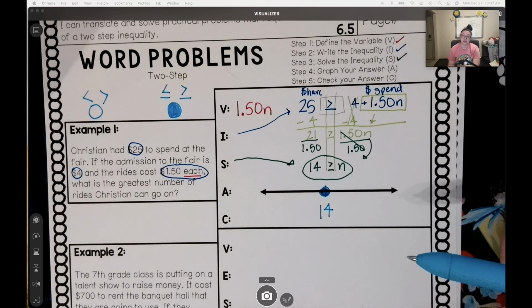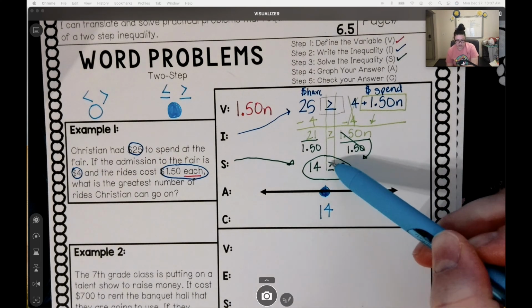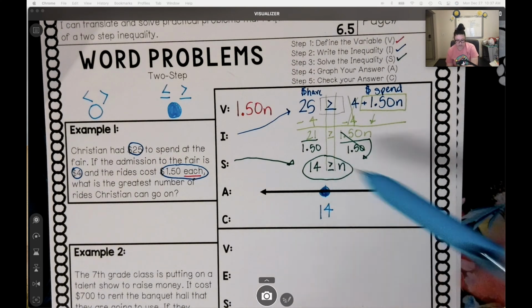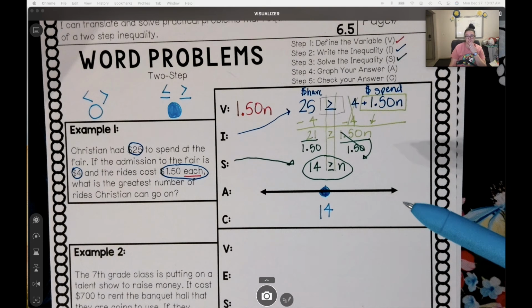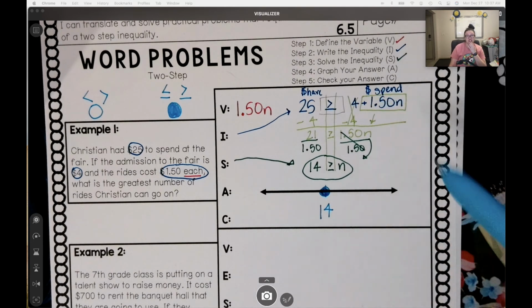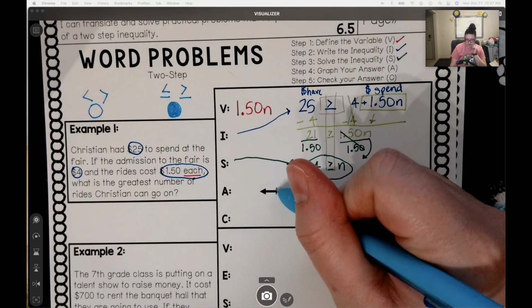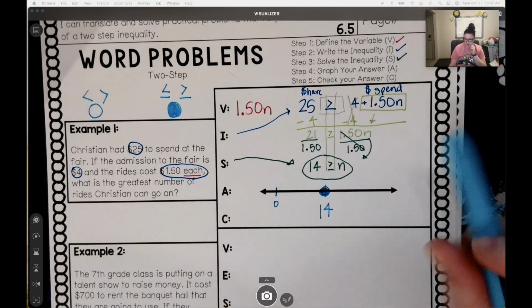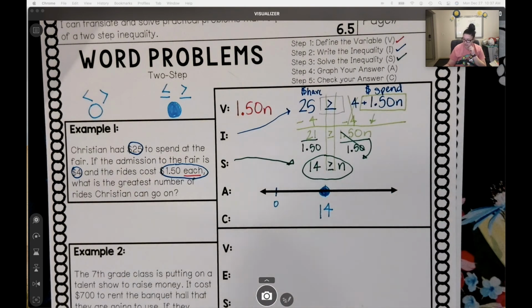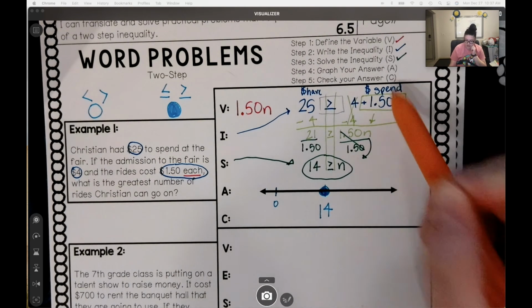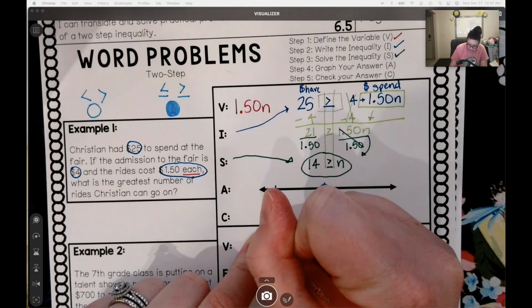Now I got to think. Am I going to shade to the right or am I going to shade to the left? 14 is greater than or equal to n. Let's choose a number to check and see. So on this side, it's easy to check the number 0. Let's plug in 0 to check to see if 0 works.